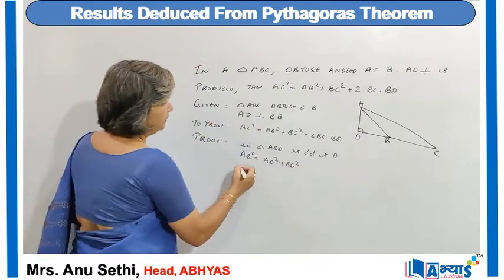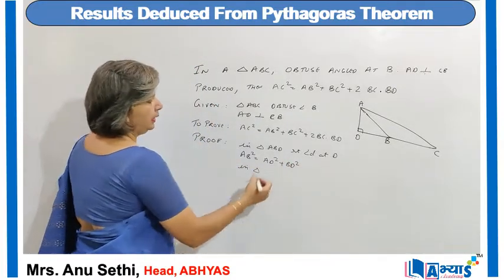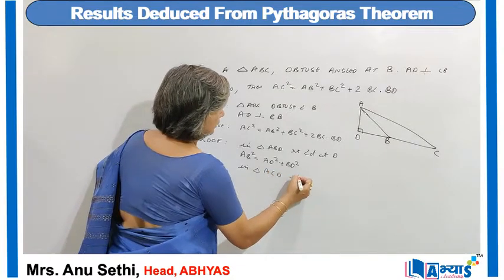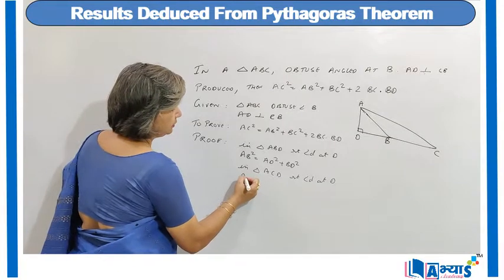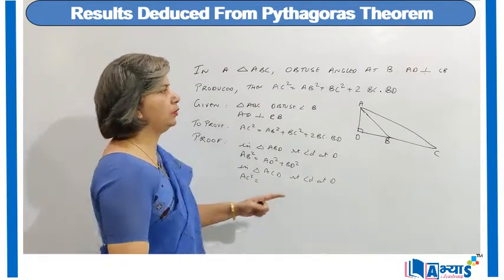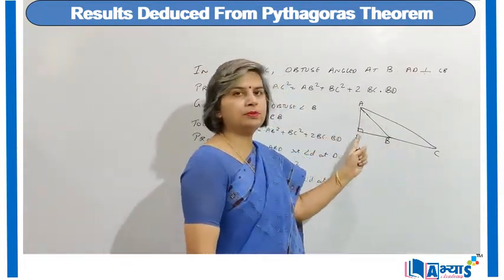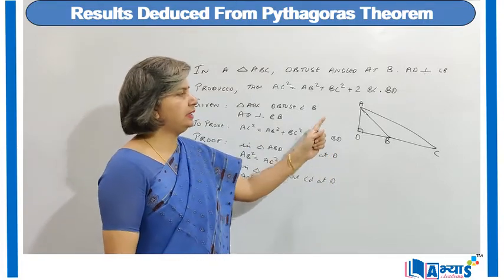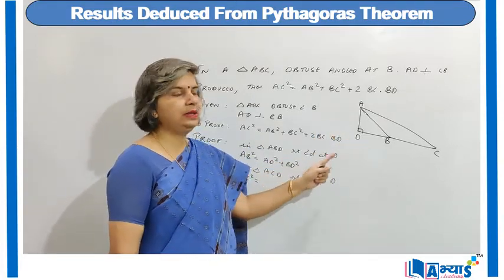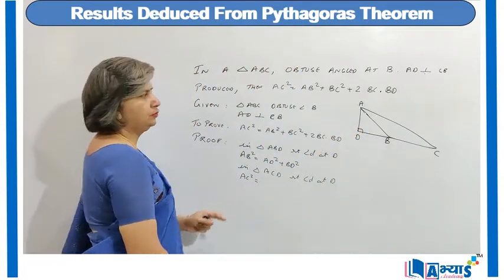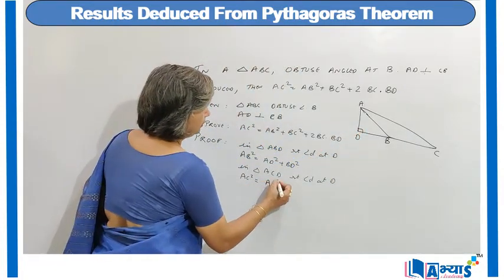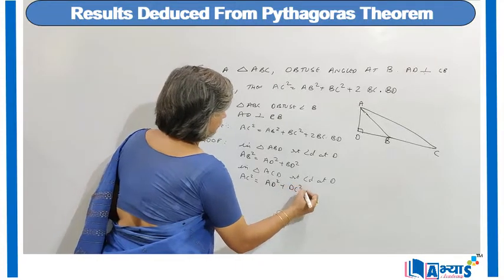Now in triangle ACD, right angled at D, AC is the hypotenuse because AC is the side opposite to angle D. So AC square will be equal to AD square plus DC square.